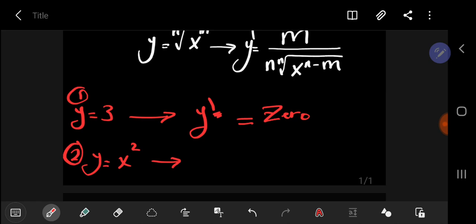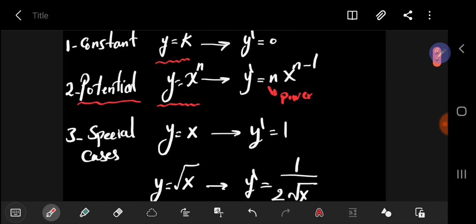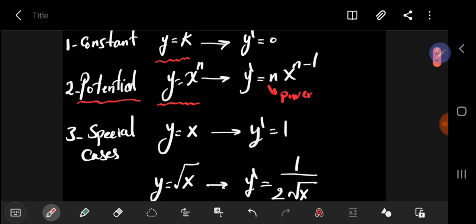So I will go back to the rule: I take the power multiplied by the variable to the same power minus 1.